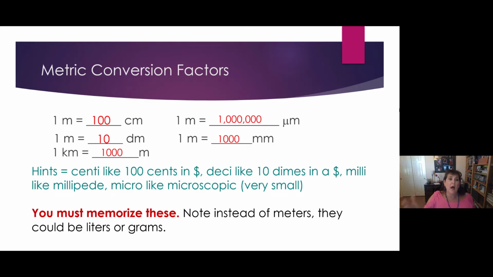A gram is 100 centigrams. A gram is 10 decigrams. A kilogram is 1,000 grams, and so forth. So if you memorize these 5, you've got all your metric conversions for meters, liters, and grams. Cool.